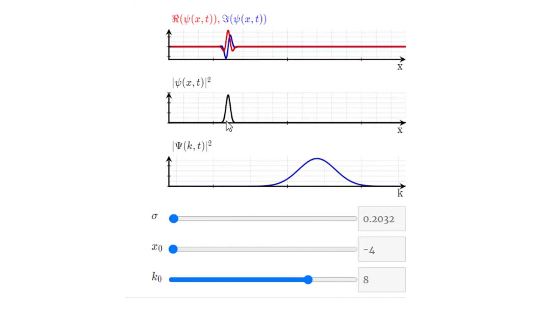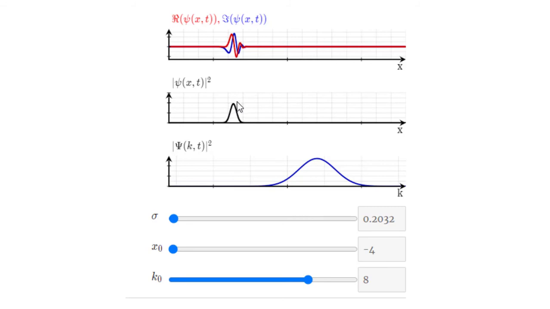So our delta x is getting larger, and yet keep an eye on what happens to our delta k. Keep an eye on what happens to the modulus square of a Fourier transform, which is the momentum representation of our wave function. I've taken auto scale off so you can watch this.